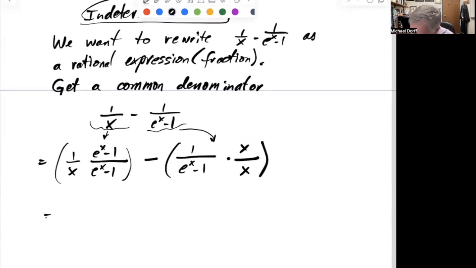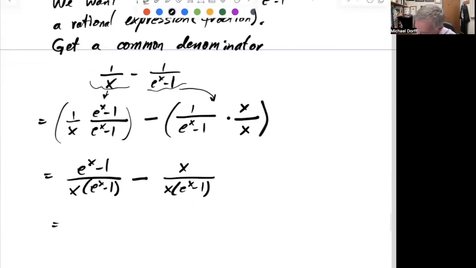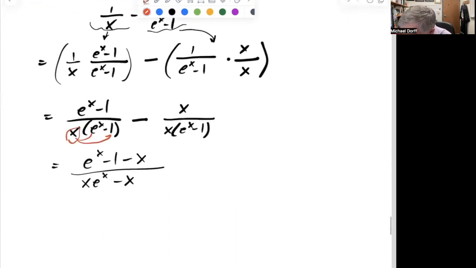And so then I'm going to get e to the x minus 1 over x times e to the x minus 1, minus x over x times e to the x minus 1. And so I get e to the x minus 1 minus x over x e to the x minus x. In this case, I'm going to multiply through in my denominator this x part. I'm going to multiply it by both things to get what I have there.